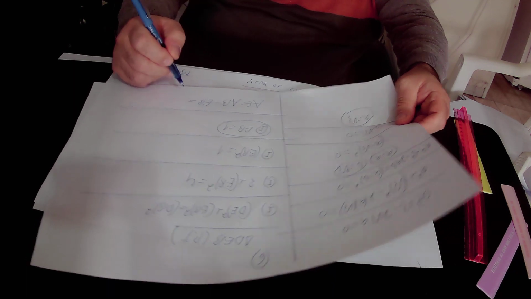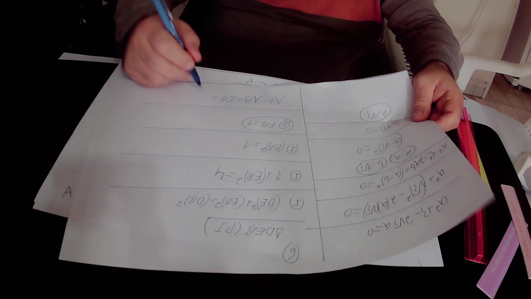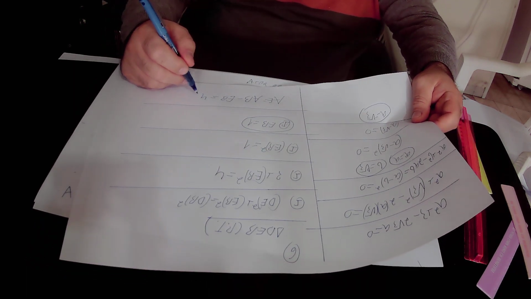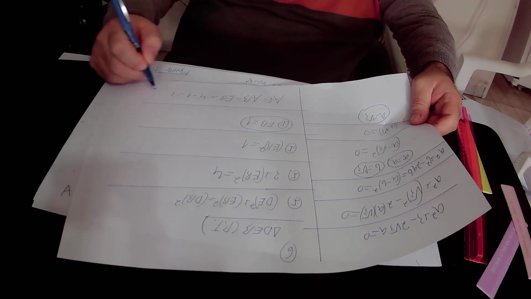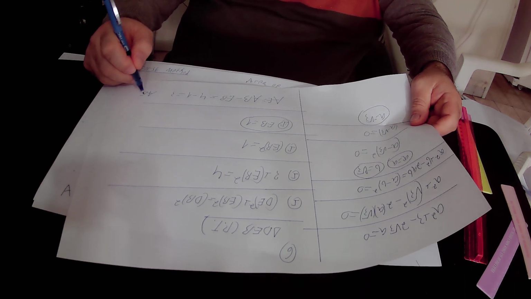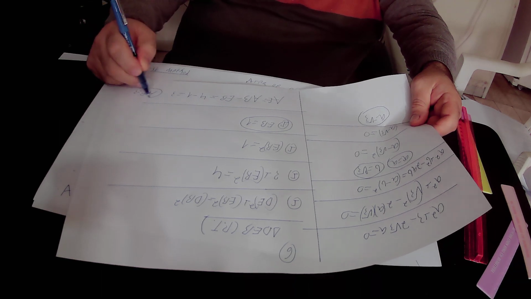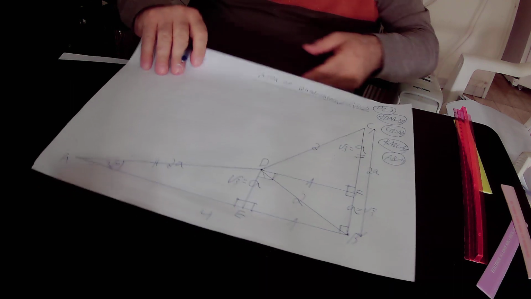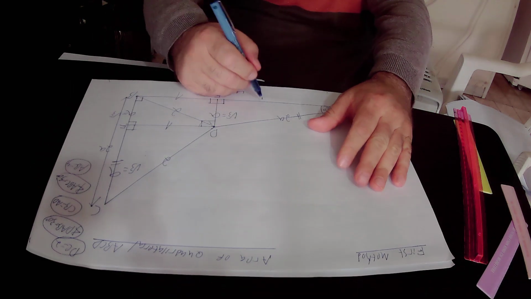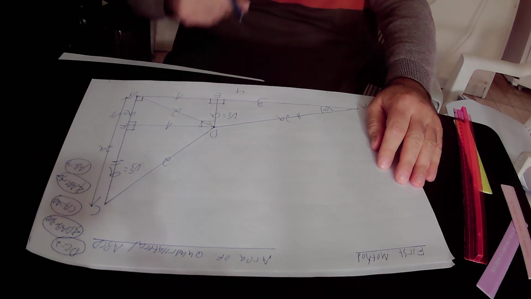So AE equals to AB, that is 4 units, minus EB, that is 1 unit. 4 minus 1 is 3, so we found out that AE equals to 3 units. So we can write here that AE equals to 3 units.